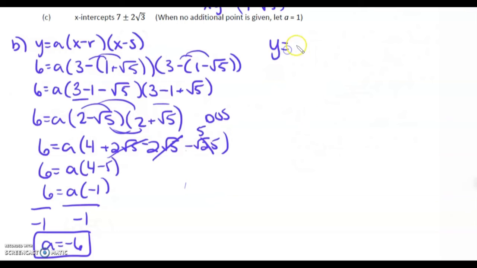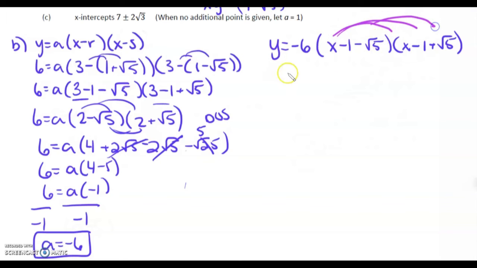Okay, so I'm going to rewrite the equation, but with a negative 6 in for the a value. I'm going to change colors. At this point, we have this in factored form, but we don't want it in factored form, we want it in standard form. So we have to expand everything.